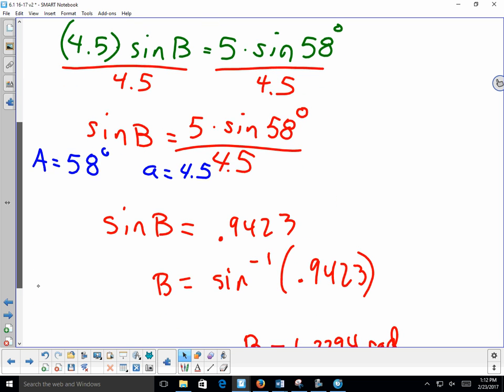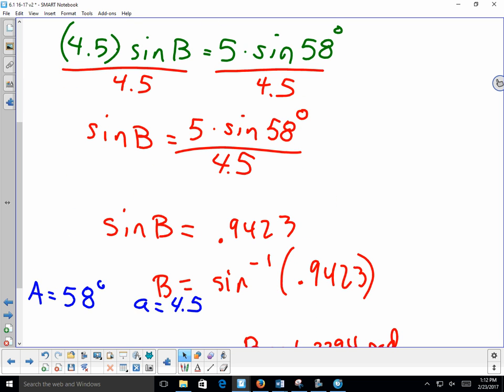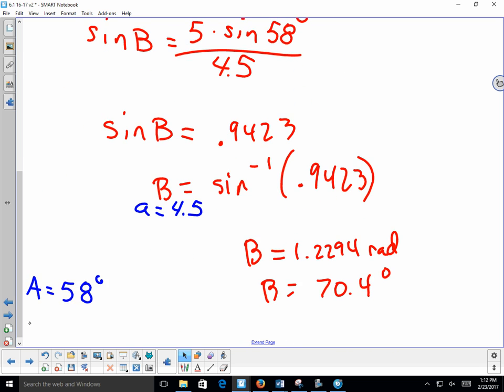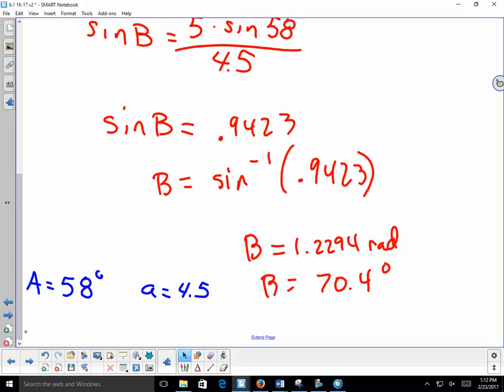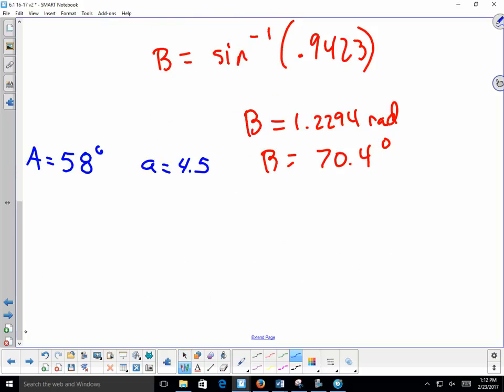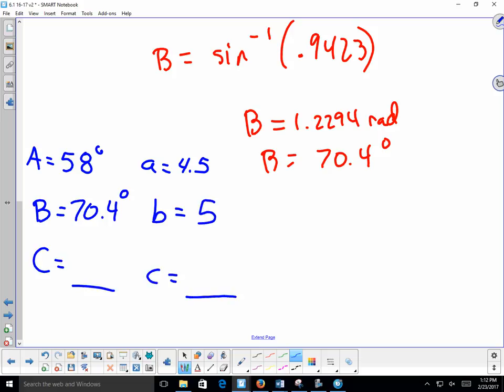Slide this down. And I know that angle B is 70.4 degrees, and side B was what? 5. I don't know angle C, right? And I don't know side C.